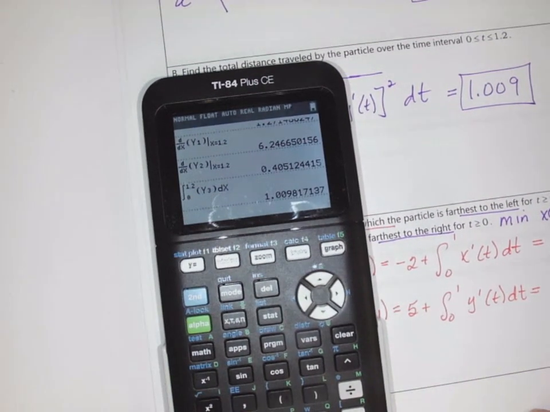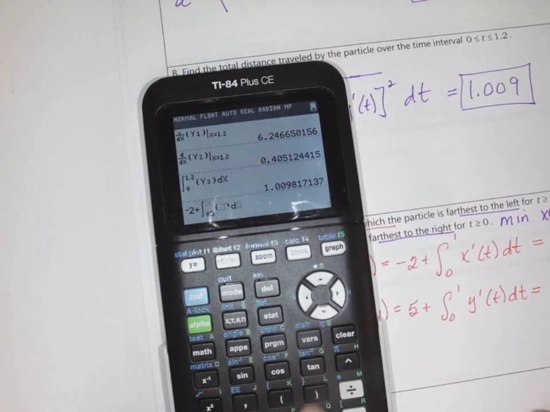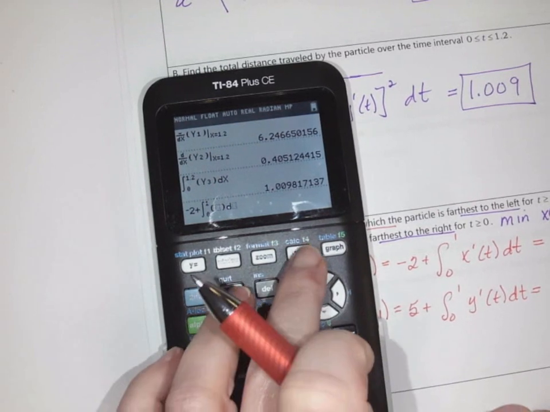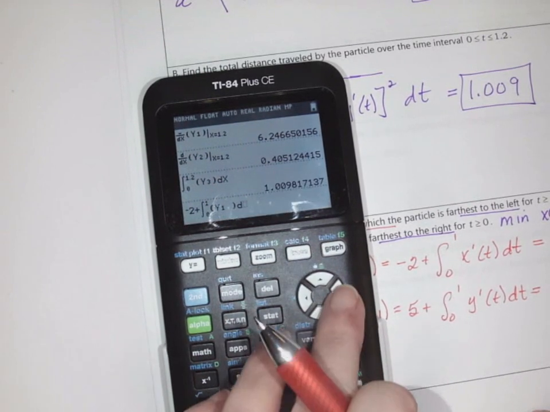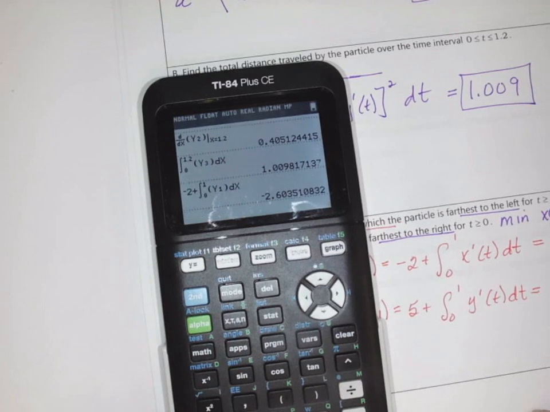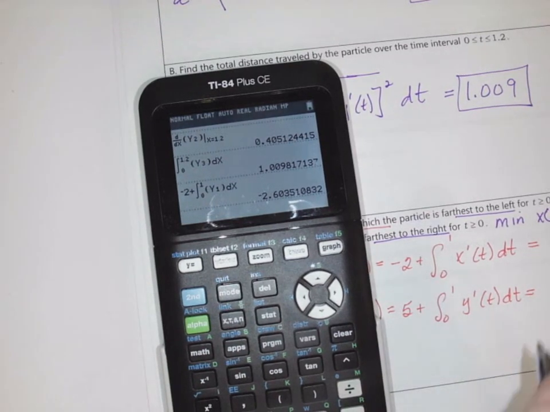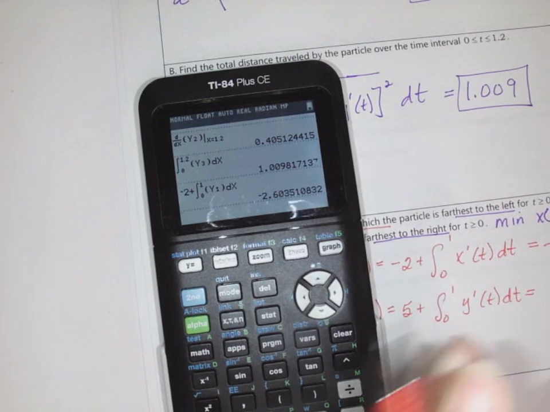I'm going to go home, -2 plus math 9, 0 to 1. We're doing x, so y1 of t dt. That gives me negative 2.603.